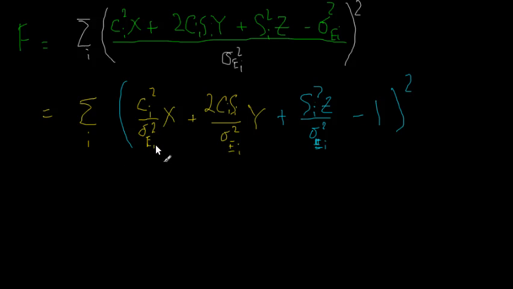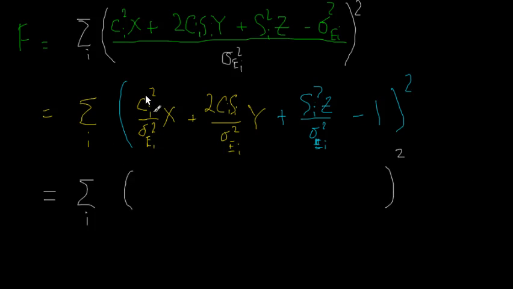Now, this Ci, Si, sigma Ei squared, these are all obtained from the measurements. It is the x, y, and z that we want to adjust. These x, y, and z are the fitting parameters. We want to adjust x, y, and z in order to make f, this sum of the difference, as small as possible. Now to make it look simpler, I'm just going to rename each of these coefficients, this complex looking fraction.